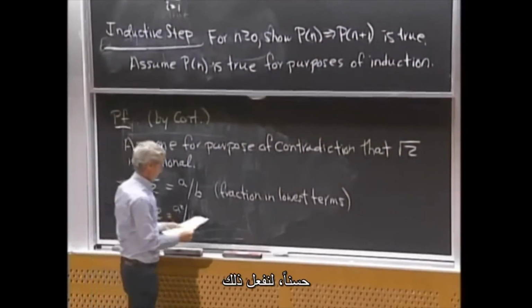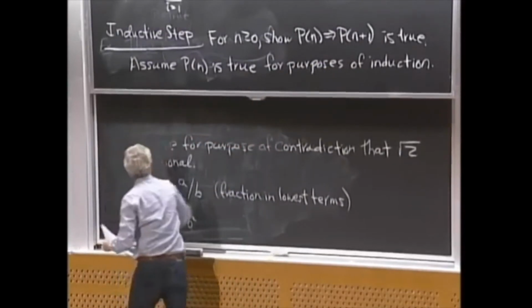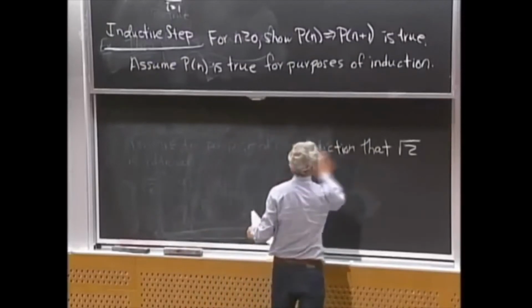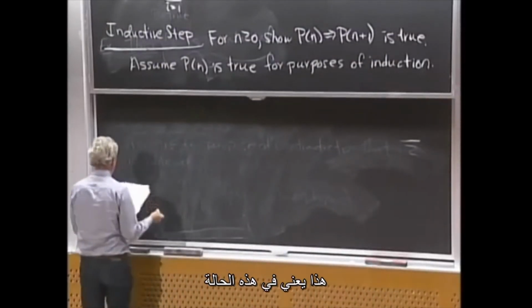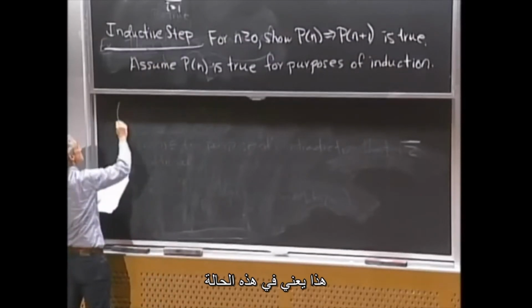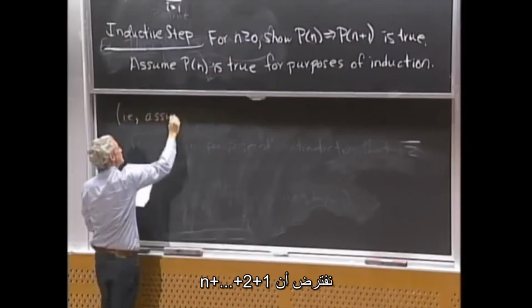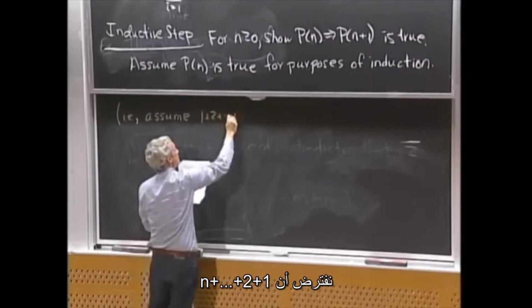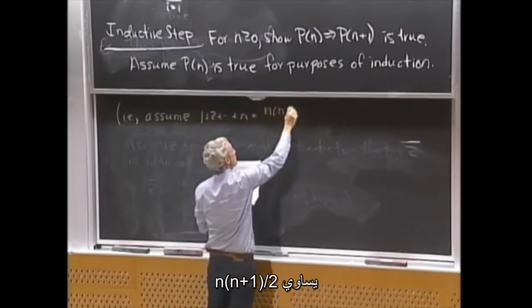All right, let's do that. So that means, in this case, i.e., we assume 1 plus 2 plus up to n equals n times (n plus 1) over 2.